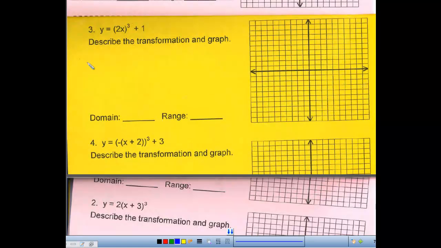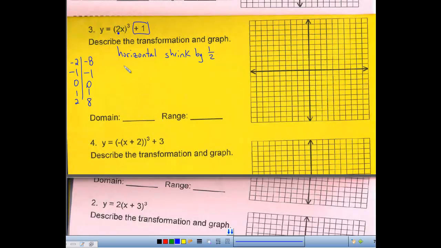I'm going to start by writing down the key points. What are the transformations? And let's graph. Well, the x value is being multiplied by 2, so this is a horizontal shrink by 1/2.